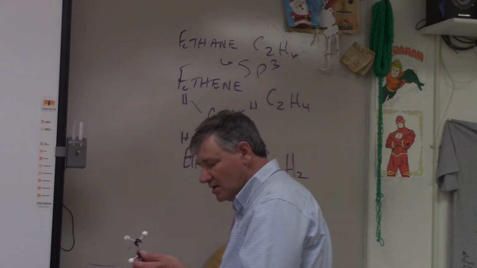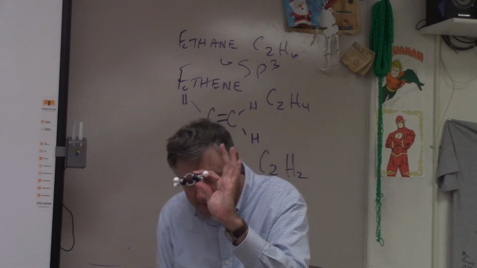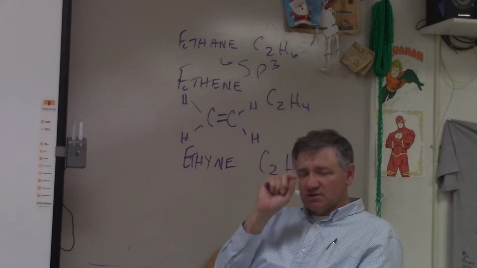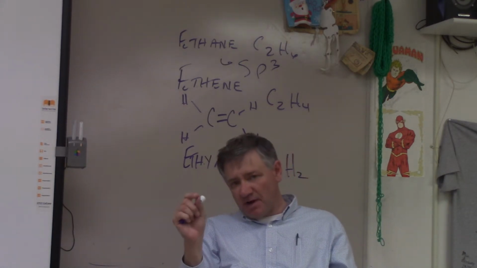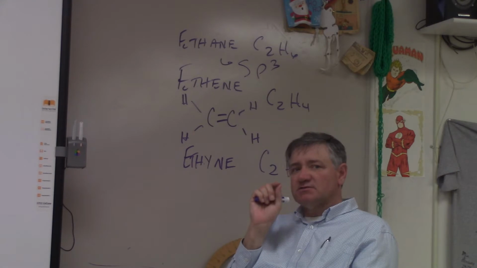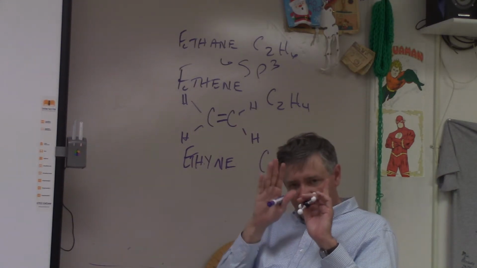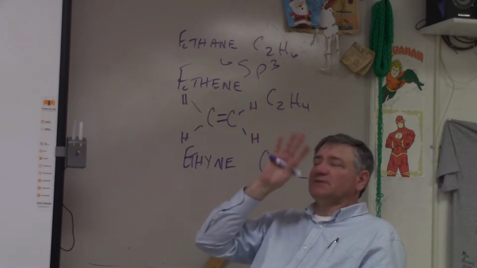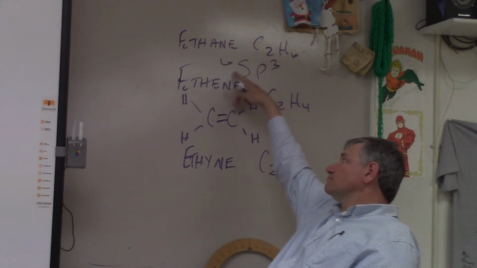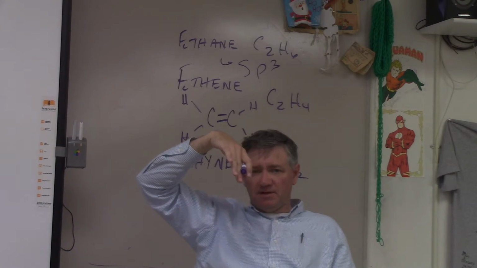Now, when you have a double bond, there are sigma bonds and there are pi bonds. Sigma bonds always involve single electrons. So if you look at the number of bonds, with ethane, those are all sigma bonds.